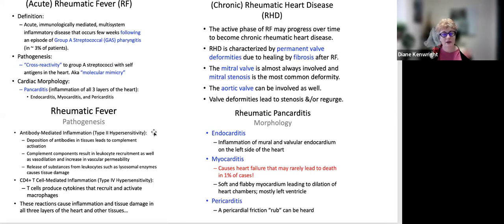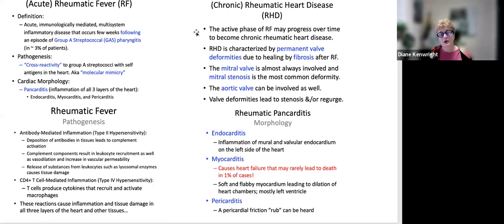It's due to a type 2 hypersensitivity, so antibodies form, and then the antibodies are deposited in tissue, leading to complement activation, and then off we go. There's even more cytokines and there's even more white cells. But in addition, it also has T-cell mediated inflammation, type 4 hypersensitivity. Okay, so once those T cells get there, they just keep going and recruit and activate macrophages.